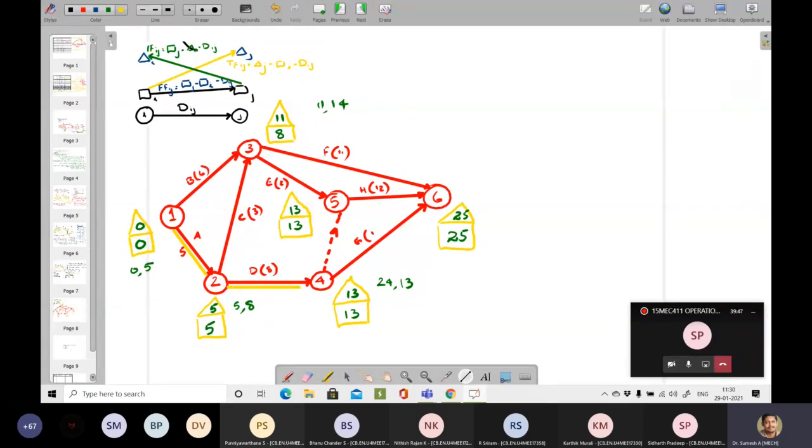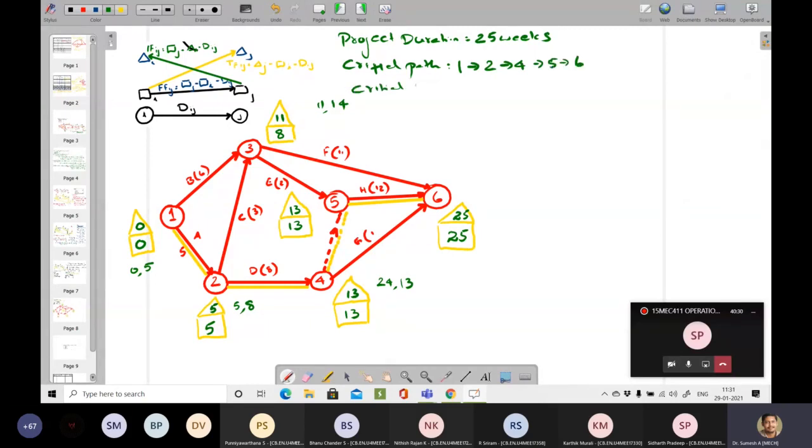So the project duration is 25 weeks. Critical path is 1 to 2, 2 to 4, 4 to 5, and 5 to 6. So critical activities are A, D, H.